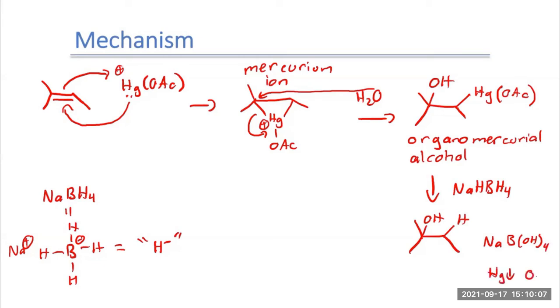and acetate. So one thing to note about the mercurium ion, this mercury here pulls a lot of electron density towards it. So these carbons that it's attached to, they have a considerable amount of positive charge on them. That's why the water molecule can go and attack it so easily.